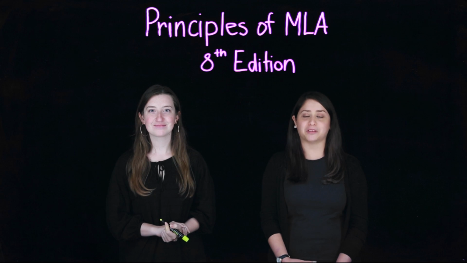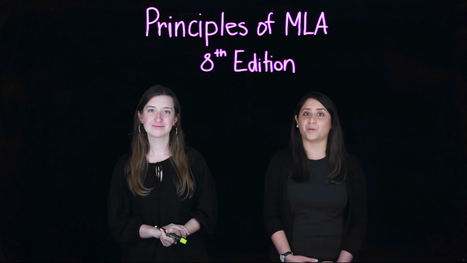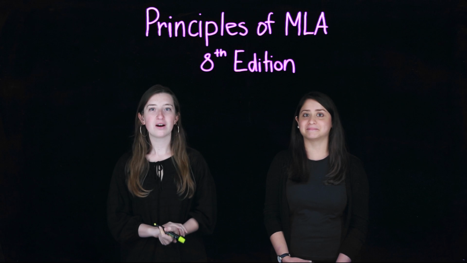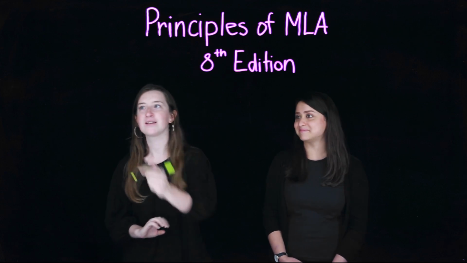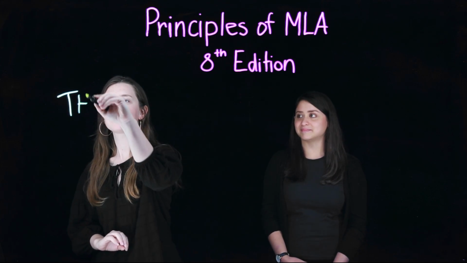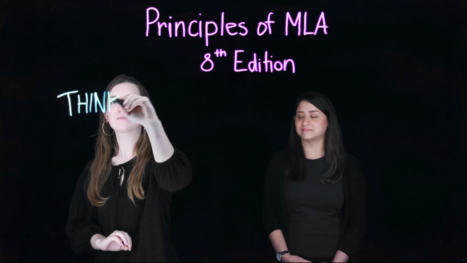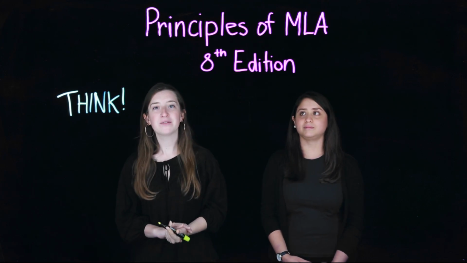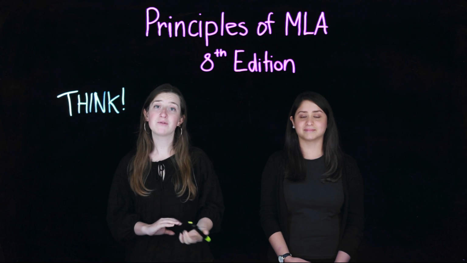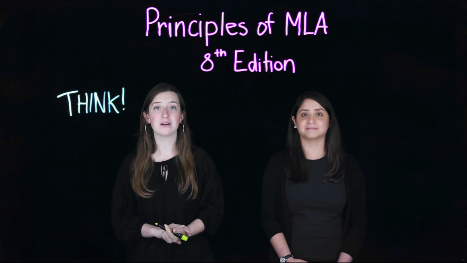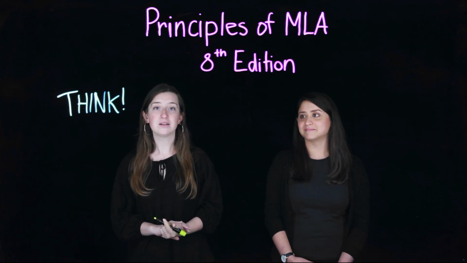Now that we've talked about the three main principles, here's a simple way to remember them. All right, so first, think. Think about the type of source you're documenting and the information you would need to best document that source. Next, select.